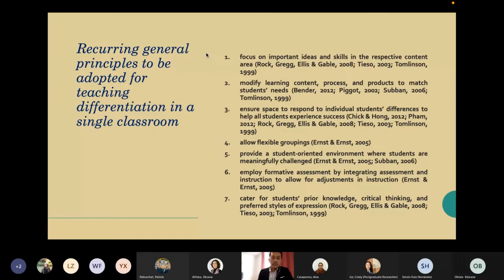And it is learner-centered or students oriented. It allows for flexible grouping, and teachers who differentiate are found to have varied individual work, pair work, group work, and whole class instruction to suit specific needs. And it also includes ongoing assessment in lessons to inform instruction.